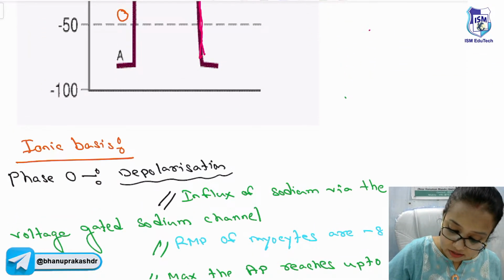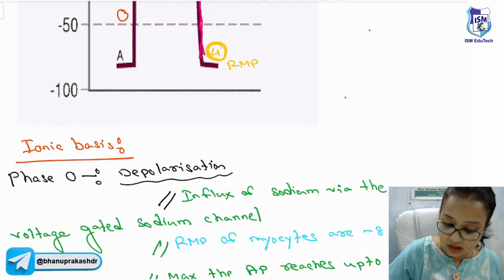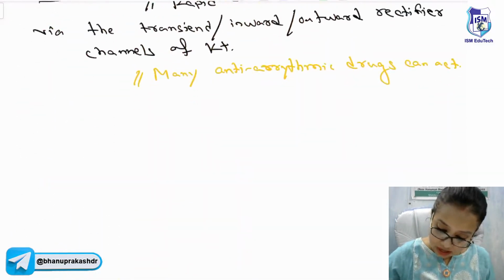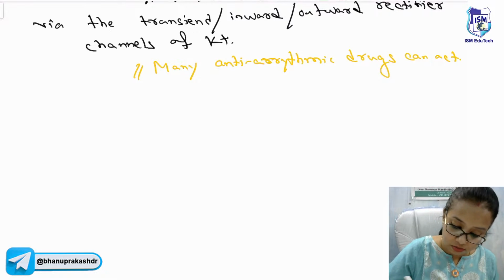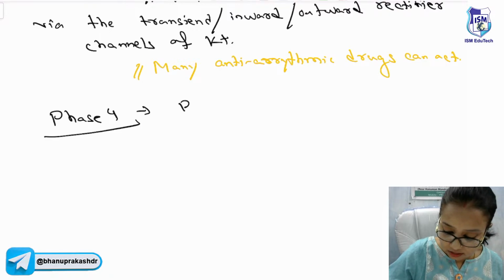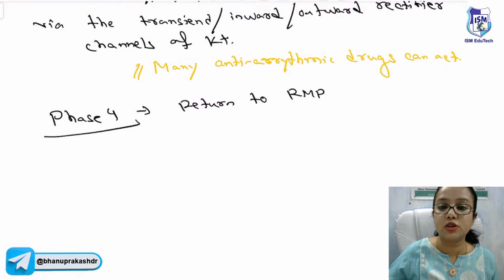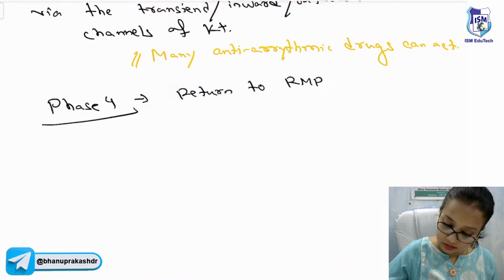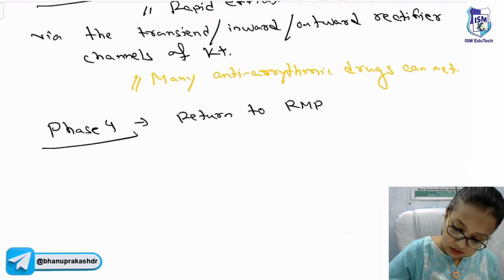Coming to the last phase, that is phase 4. I am encircling it because it will make sure that the cell comes back to its resting condition, that is the resting membrane potential. So phase 4 is the return to resting membrane potential. Now, what is the ionic basis of this? Here, one more thing is happening.